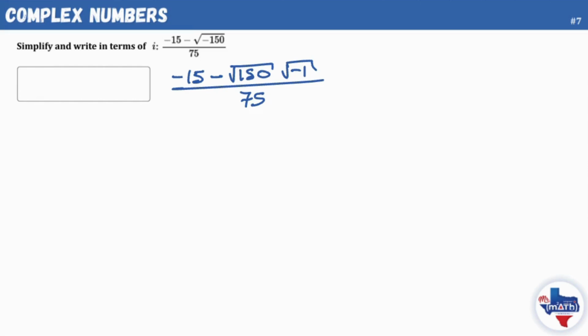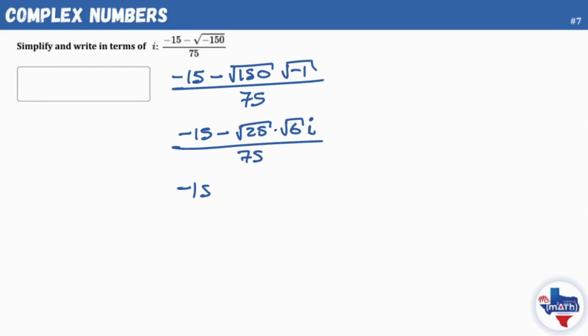Okay, that root of 150 we need to write in a different way. What if we say 25 times 6? So this will be the root of 25 times the root of 6, and this root of negative 1 will be just i, over 75.